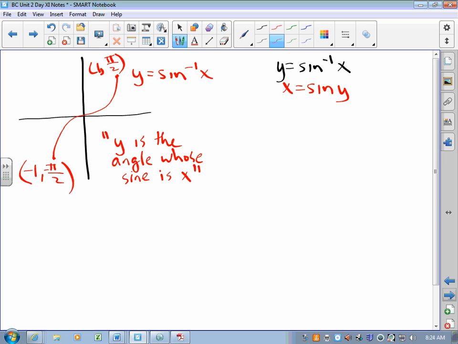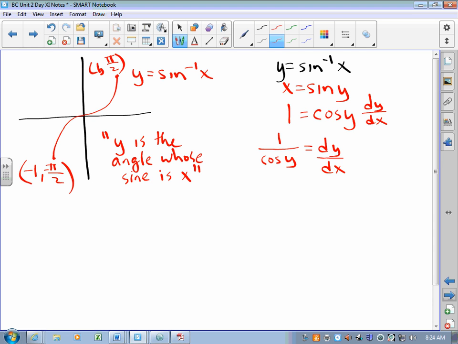And if x is equal to the sine of y, I can take the derivatives of both sides with respect to x. The derivative of x is 1, and the derivative of sine y is cosine y times dy/dx, which means that dy/dx is 1 over the cosine of y.